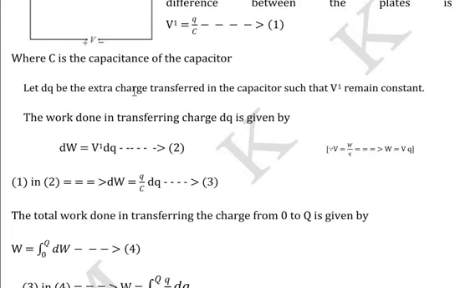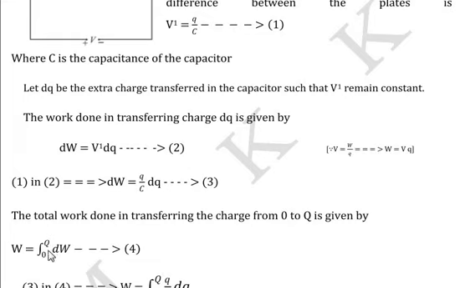But now we want to know what is the total work done in transferring a charge of capital Q onto the plates of the capacitor, because this total work done will be stored as potential energy.